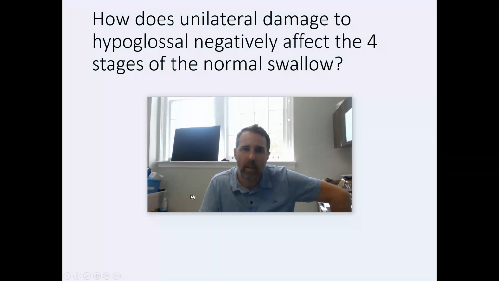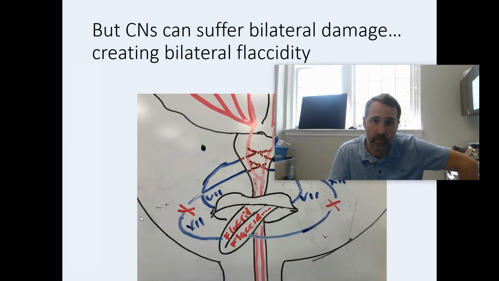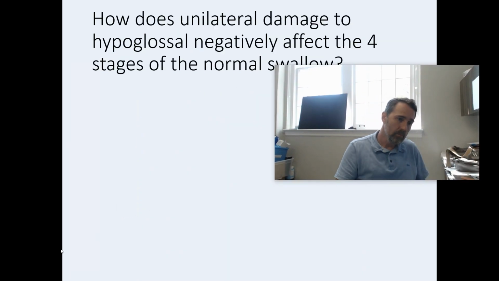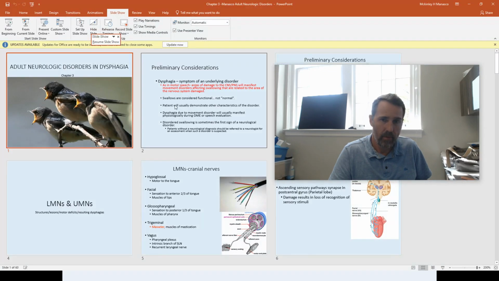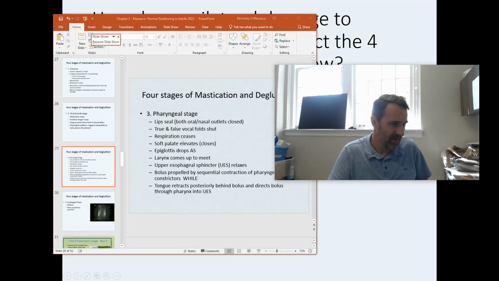So how does unilateral damage to the hypoglossal negatively affect the 4 stages of a normal swallow? Now let's think about it. Let me pull up the right slides.